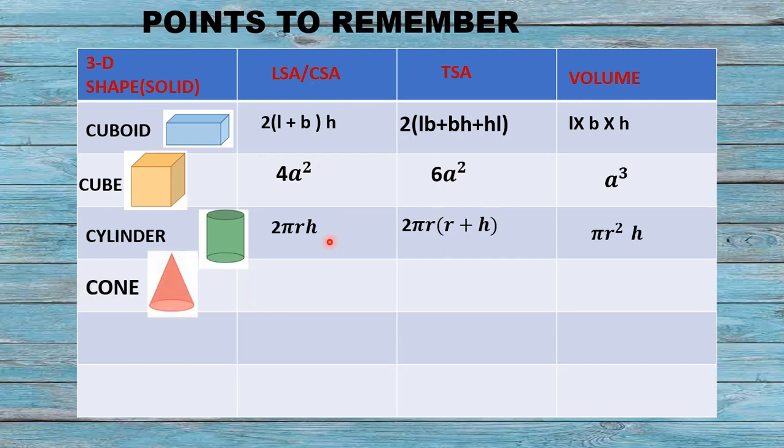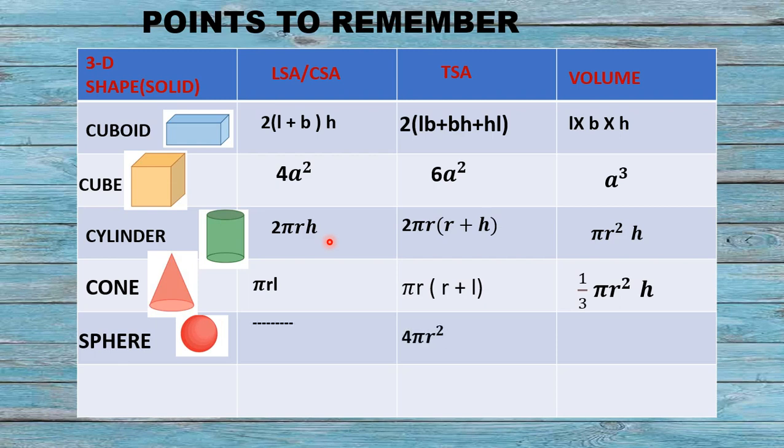Similarly, the cone is also a basic geometric curved shape. Its curved surface area is pi r l, its total surface area is pi r (r + l), and its volume is one third of the volume of the cylinder, that is 1/3 pi r square h. Now the sphere: its total surface is curved surface, so its surface area is 4 pi r square, and its volume is 4/3 pi r cube.